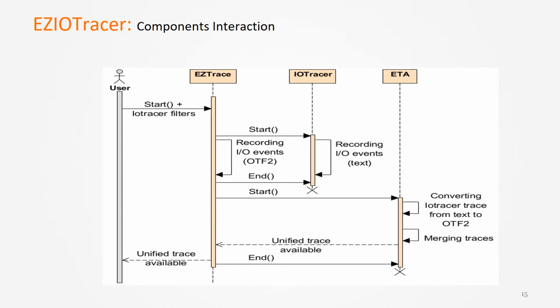Then, EZITrace starts recording the IO events of the application taking place in the user space, and it calls IOTracer while specifying the filters entered by the user to trace the IO operations in the kernel space. When the traced application ends its execution, EZITrace stops logging IO events and sends an end message to IOTracer. Finally, the ETA framework merges both traces in a unified trace.